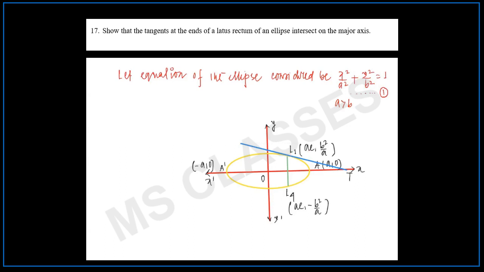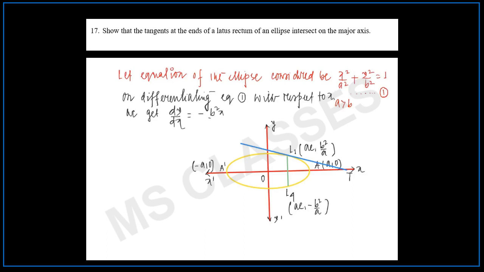So on differentiating equation 1 with respect to x, we get dy by dx equals minus b square x by a square y.